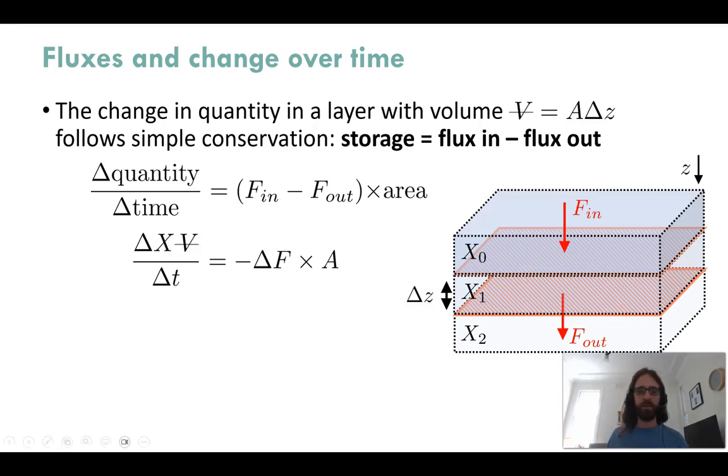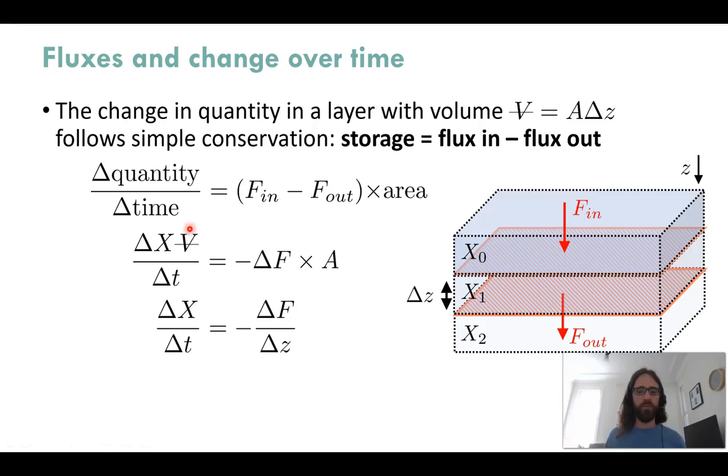And then the time can simply be represented using the variable T. This here, flux in minus flux out, is the negative of the difference in the flux. So the difference in the flux is going to be flux out minus flux in. So we're just flipping that and you get the negative of it.